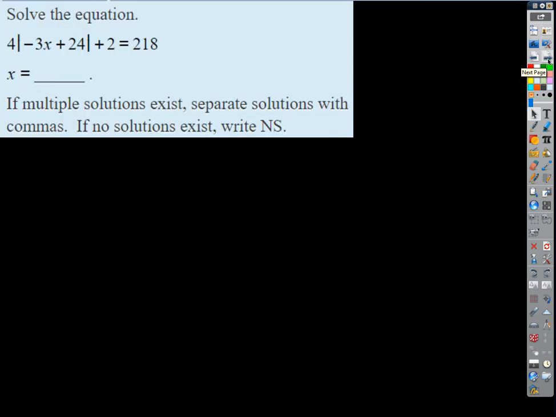Okay, let's try a couple quick examples. So what about something like this? Hardest one I could give you. Absolute value equation. What do we have to do to solve this thing? Subtract 2 and divide by 4, because the first thing we've got to do is isolate the absolute value, right? So we're going to subtract 2.